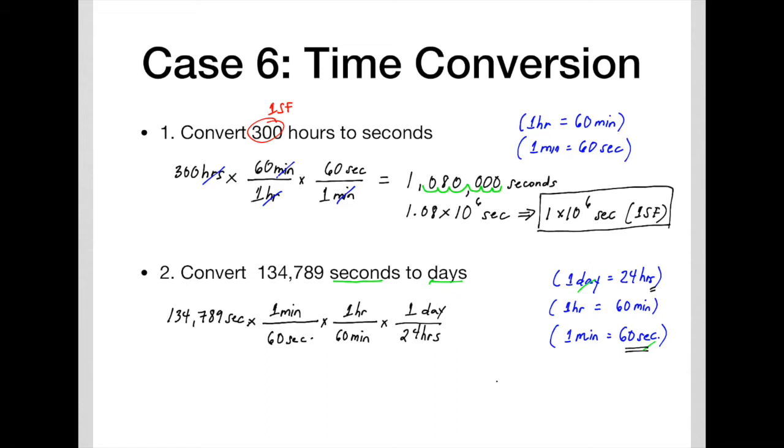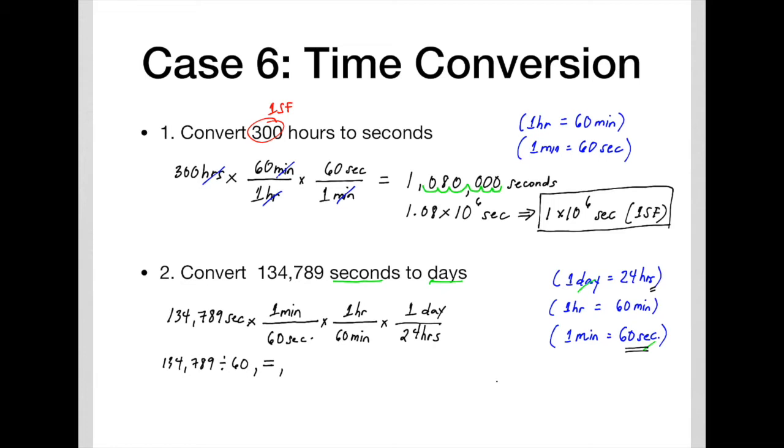Okay, so I'm now ready. What I'm going to do here is simply press it in the calculator properly. If you're going to press it in the calculator, press first 134,789, and then press divided by 60. Press equals. Now don't forget to press equals.